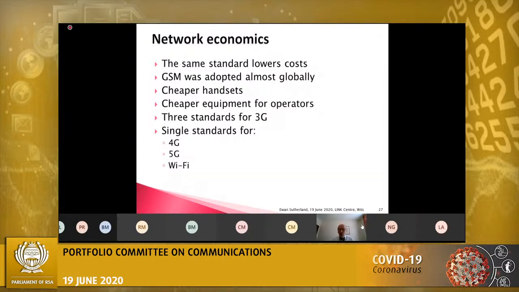And that should be then passed on to the consumers, though obviously there will be large parts of the population who cannot yet afford smartphones, and that presents a challenge. We want to roll out 4G, we want to roll out 5G. How do we make sure everybody has access to that, given the challenges of the high cost of some of the equipment?